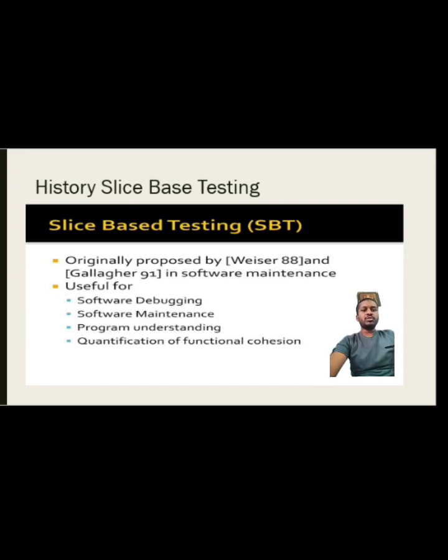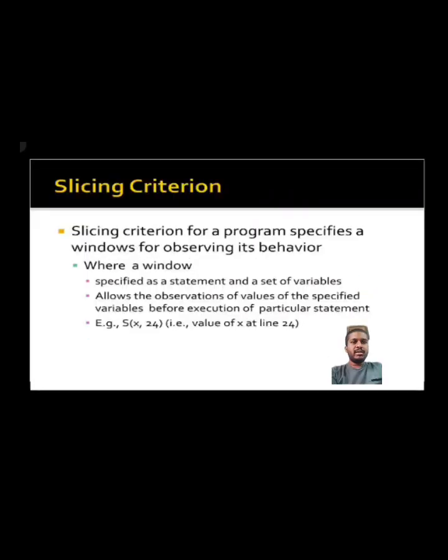History of slice-based testing. Slice-based testing was originally proposed by Weiser. It was used to maintain software. It is useful in software debugging, software maintenance, program understanding, and quantification of functional cohesion. Slicing criteria.